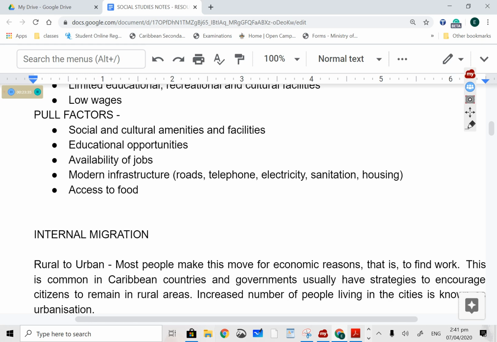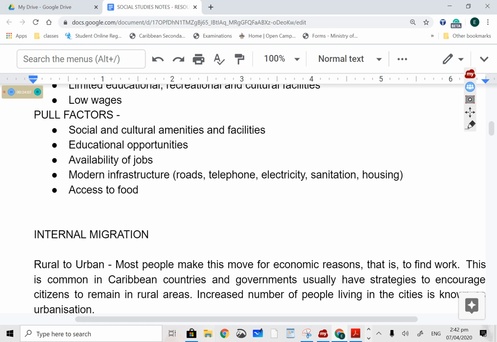Being able to socialize in a different way in their community, etc. Educational opportunities. Probably they would have better schools in an area for their children to be able to grow the way that they want them to grow. Availability of jobs, meaning that they would be able to get better jobs, better paying jobs, or a job, because some people may not have had a job.